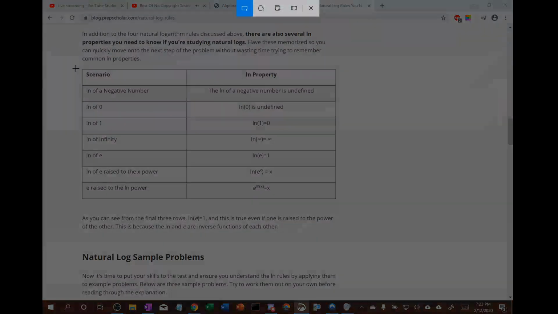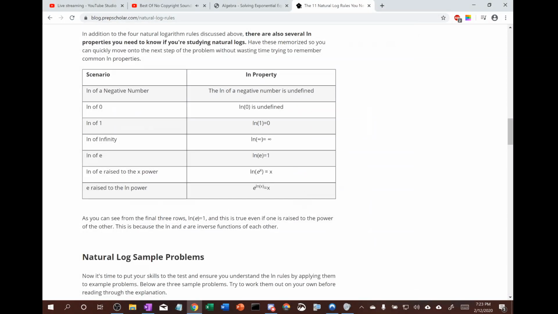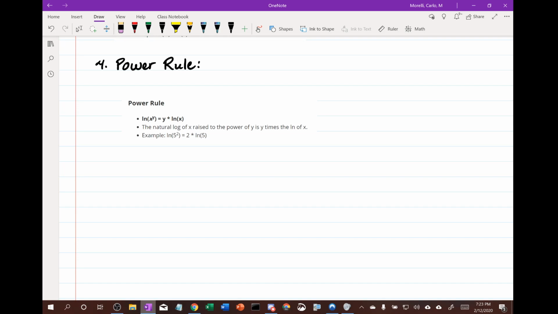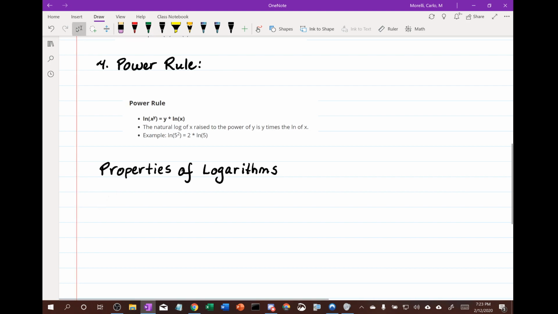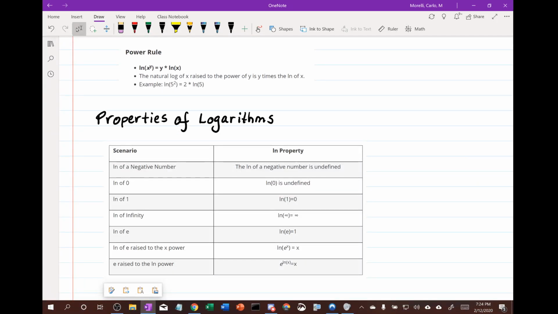So here are some more properties of logarithms. This is going to be a big one.